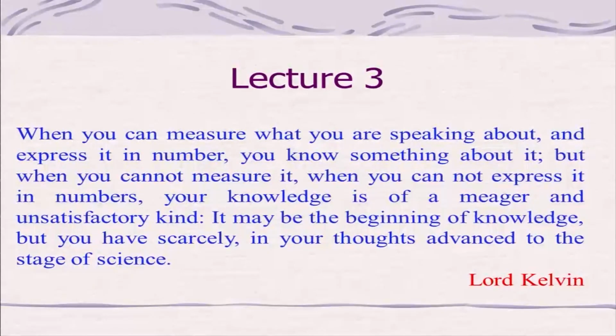It may be the beginning of knowledge, but you have scarcely in your thoughts advanced to the stage of science. That means whenever you talk about science, measurement comes into the picture, and then you have to measure the properties of a system, right? Therefore it is very important to identify the properties of the system and how they change during its interaction with the surrounding.